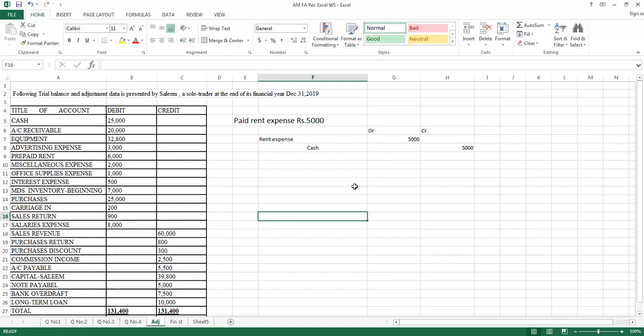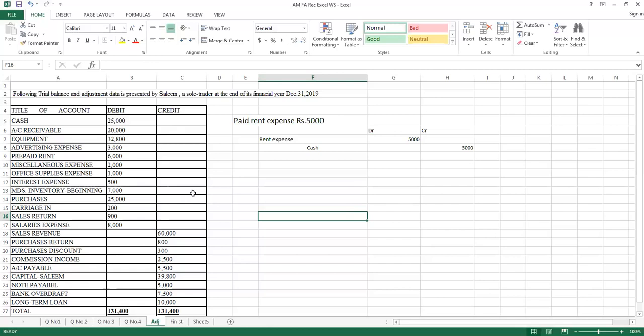You should be aware that if you have to record an expense and right now you simply receive an invoice and you think, okay, no problem, I'll pay it after some time, what entry should be recorded there? If these things are clear in your mind, then you can do this chapter with much better understanding. Otherwise it would be quite difficult for you to understand.